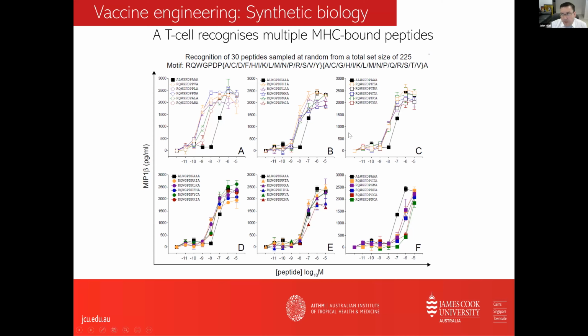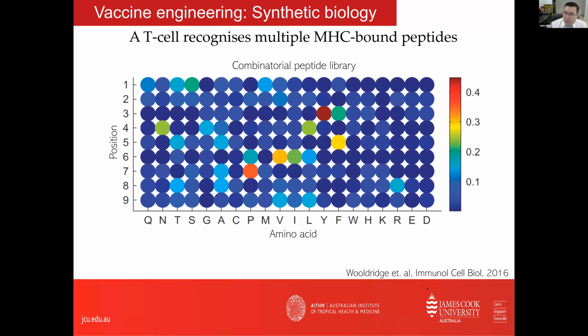We collaborated with data scientists and mathematicians in the UK to build a model. But getting back to the CPLs, a simple way of looking at it is kind of like this. So this one is actually an HIV T cell. It likes a 9-mer. So here's its position 1 to position 9, amino acid 1 to 20.